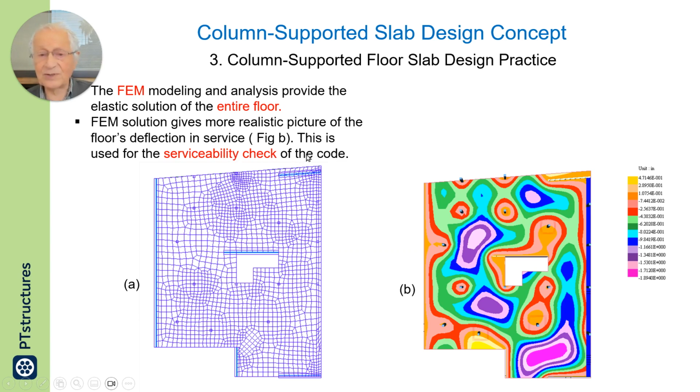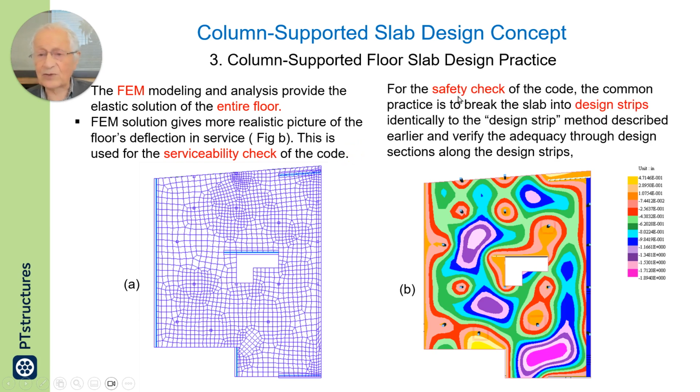But when it comes to the safety check, we go back to what we had before. For safety check of the code, the common practice is to break the slab into design strips identically to the design strip method described earlier, and verify the adequacy through design sections along the design strips.